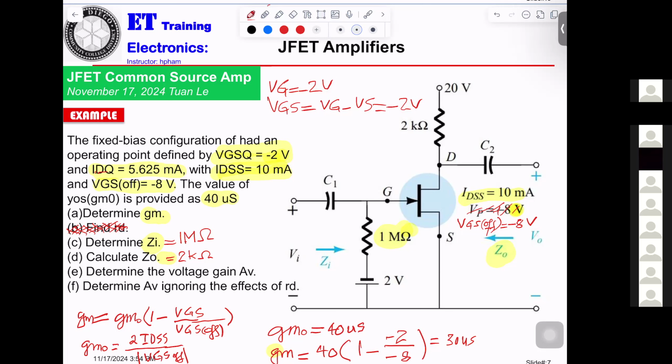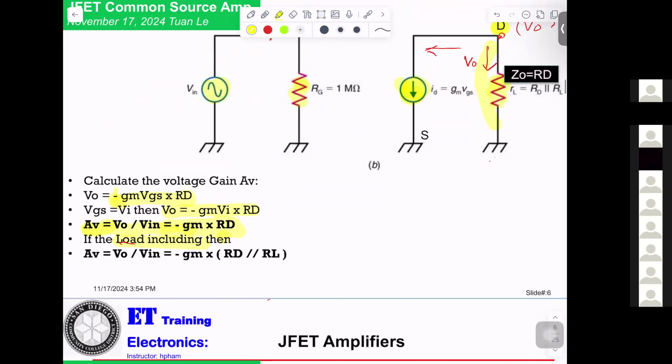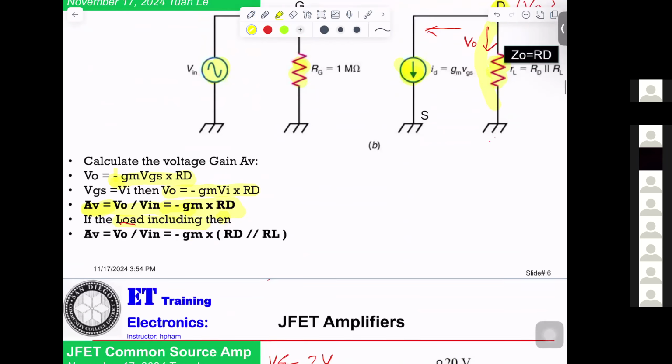Now, the next one, they want you to calculate the AV, VO over VIN. AV, they already gave you the formula here: minus gm times RD.